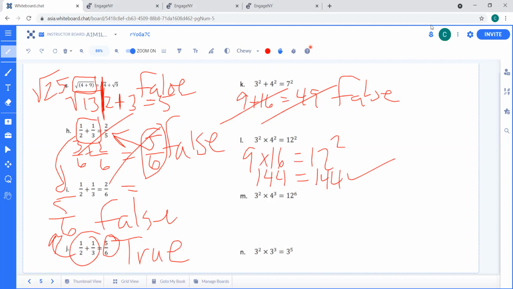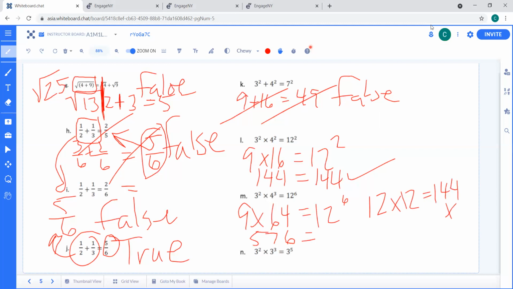All right. 3 squared is 9 times 4 cubed is actually 64. Does that equal 12 to the 6? Well, 9 times 64 is 576. 12 to the 6 should be way more than 576 because 12 times 12 is 144.